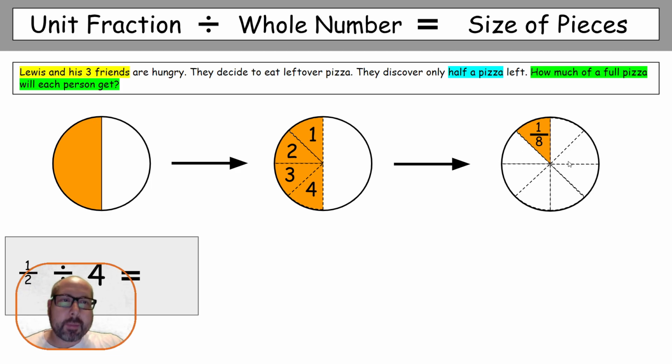You always need to compare to a whole, not to what you start with, compare to a whole. Okay, our answer is going to be 1/8, but again, go back up here and figure out what 1/8 means. They're asking how much of a full pizza. Everyone's going to get 1/8.